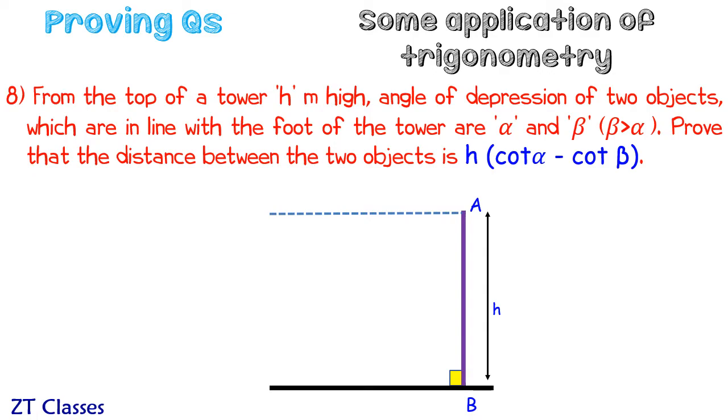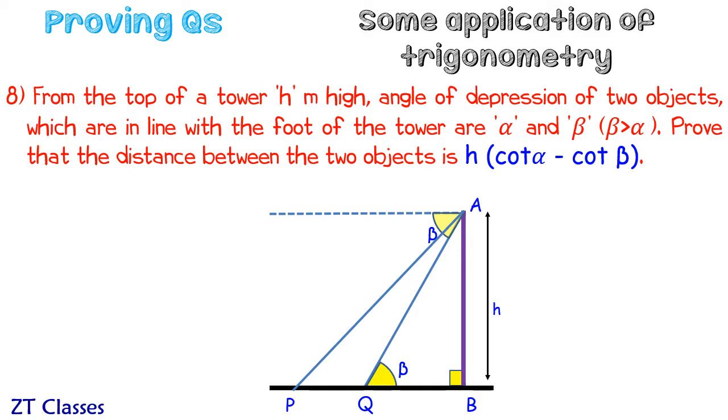So let's draw this first. The observer who is closer is Q and its angle of depression is beta degrees. Now if you will see, these two lines are parallel to each other and thus by alternate interior angles, angle EQB will also be beta degrees. Let's take the second observer. For him the angle of depression is alpha.